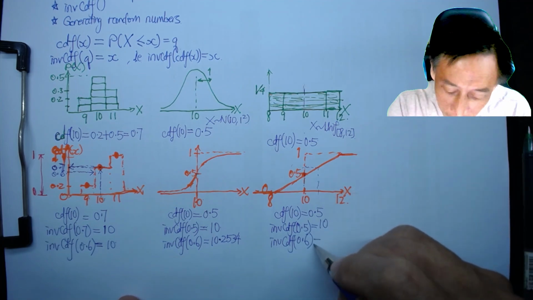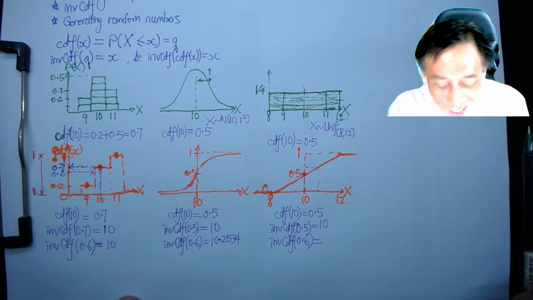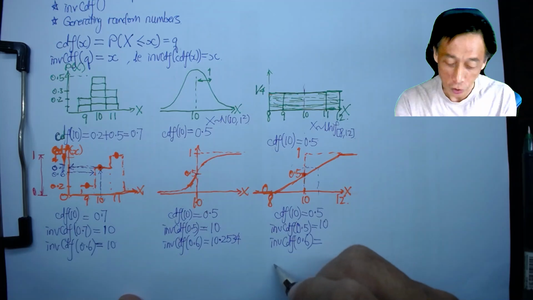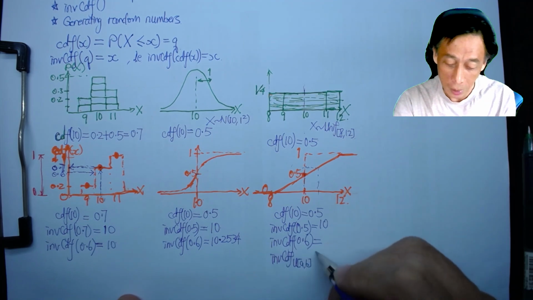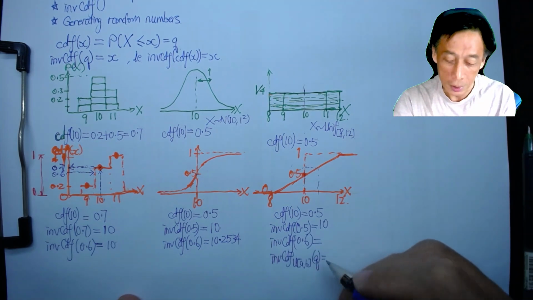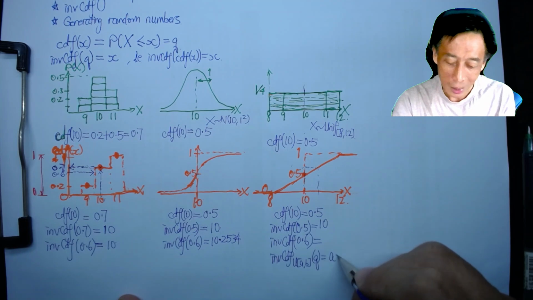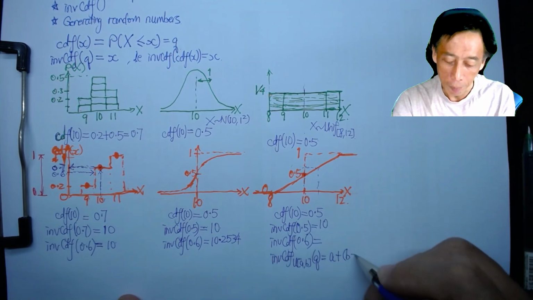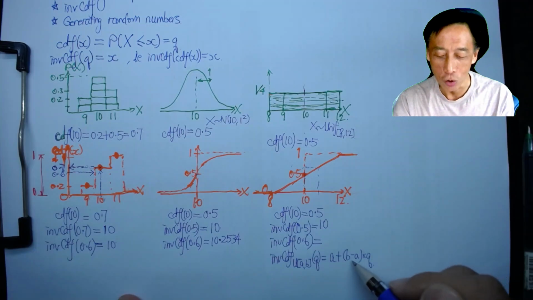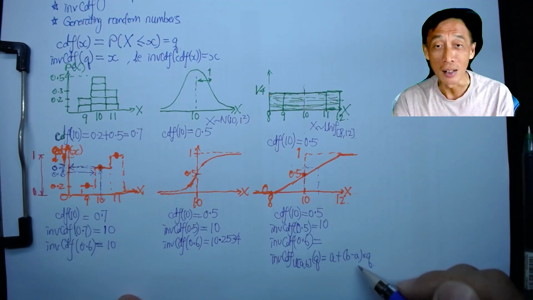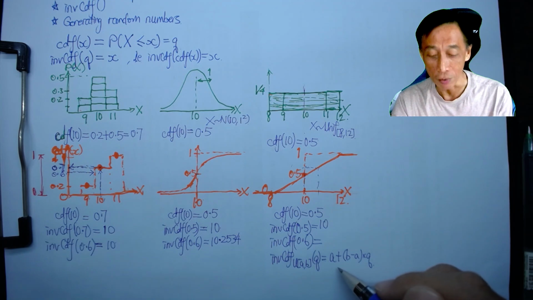And essentially to calculate, we use the general inverse CDF function for uniform. So the general inverse CDF function for uniform distribution from A to B of Q is going to be A plus the width B minus A times Q, or magnify Q by a B minus A multiplier, then add an offset of A to it.